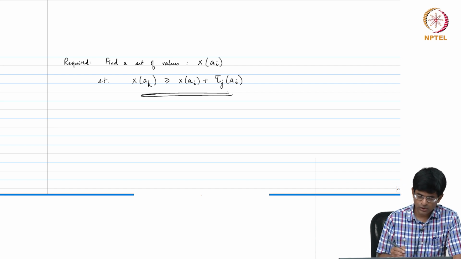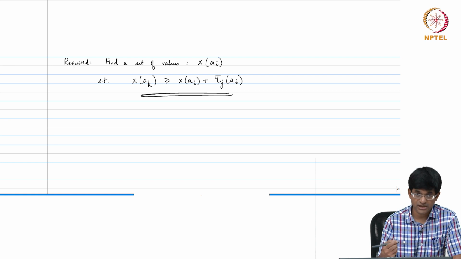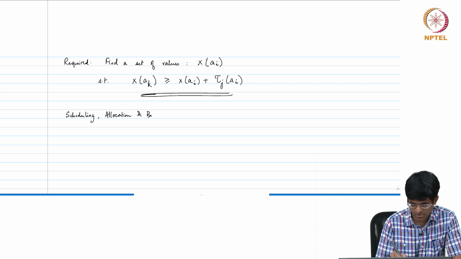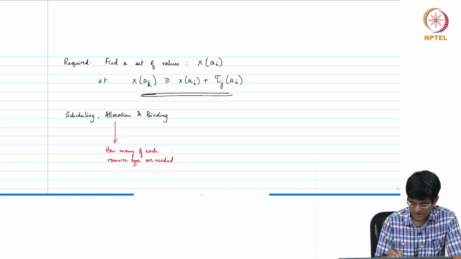Okay. So this is essentially the scheduling problem, and what we are overall trying to solve is a more complicated problem which includes the other two sub problems called allocation and binding. Allocation essentially says how many of each resource type are required, and binding says which instance of a resource an operation or a task should be mapped to.